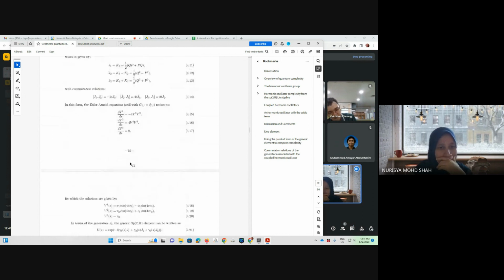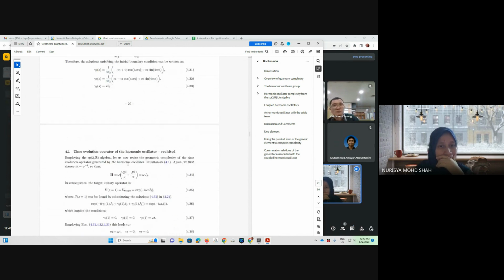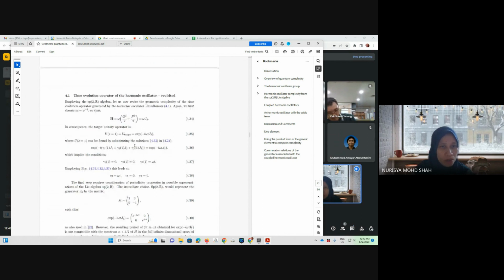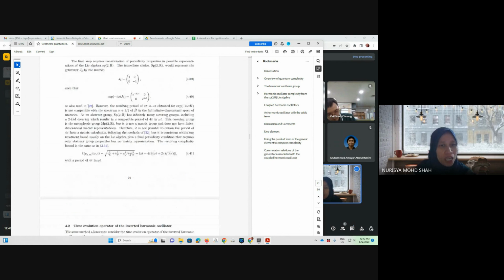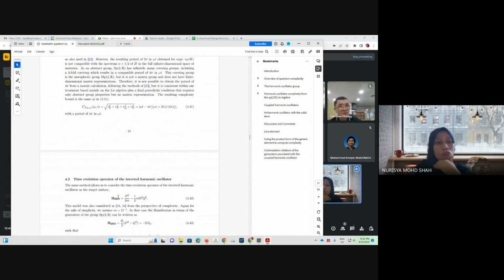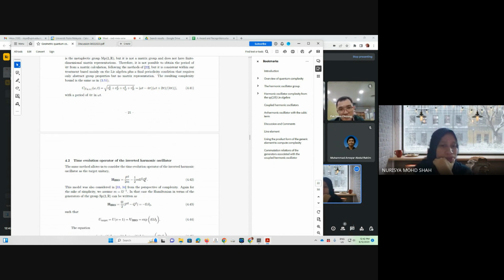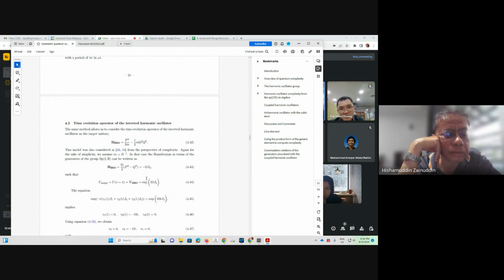And the other one, they also consider this part where they revisited, and then they use J. They also have this time evolution operator of the inverted harmonic oscillator. And they don't provide any physical reason behind this adoption.